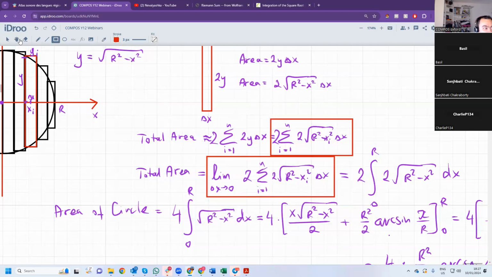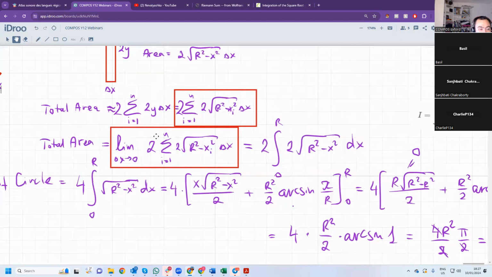You go from a Riemann sum to an integral by setting the limit of delta x to 0. The Riemann sum gives you an approximate area.